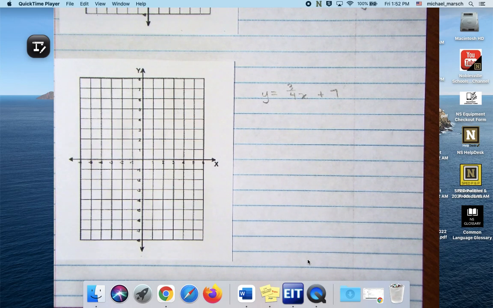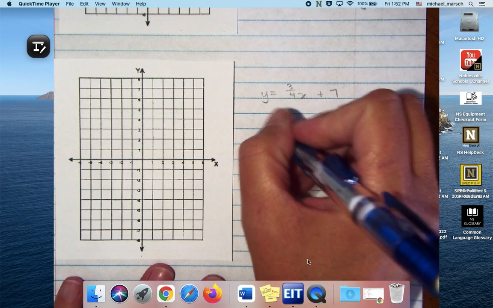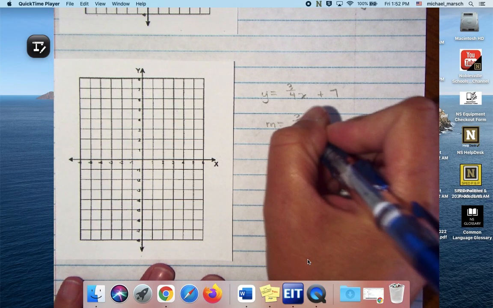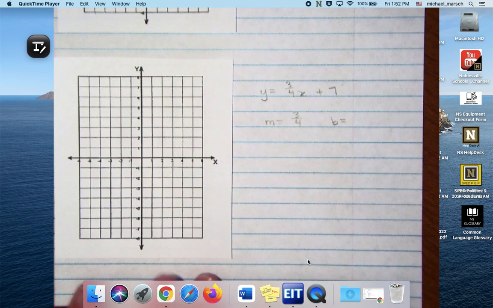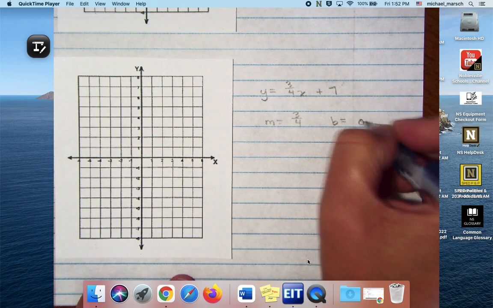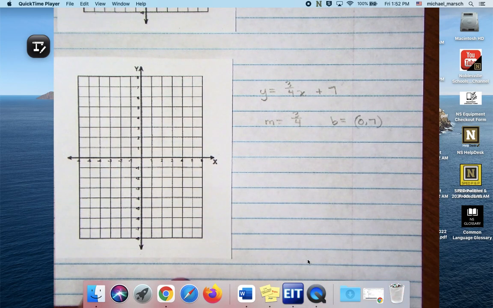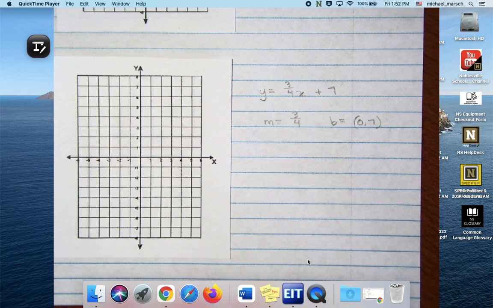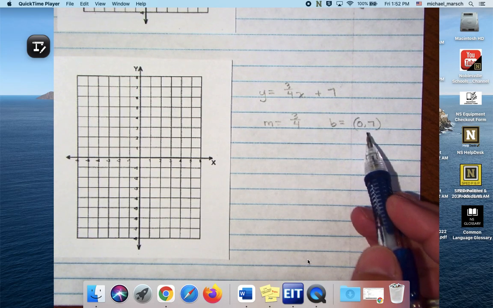So I'm going to identify my slope and my y-intercept. So slope is 3/4. Y-intercept is what as an ordered pair? 0, 7. So I'm going to do the exact same process I did on the first one. I'm first going to plot my y-intercept.